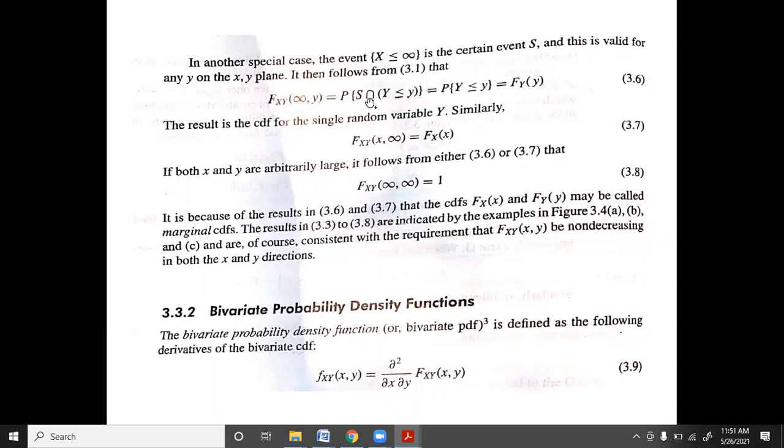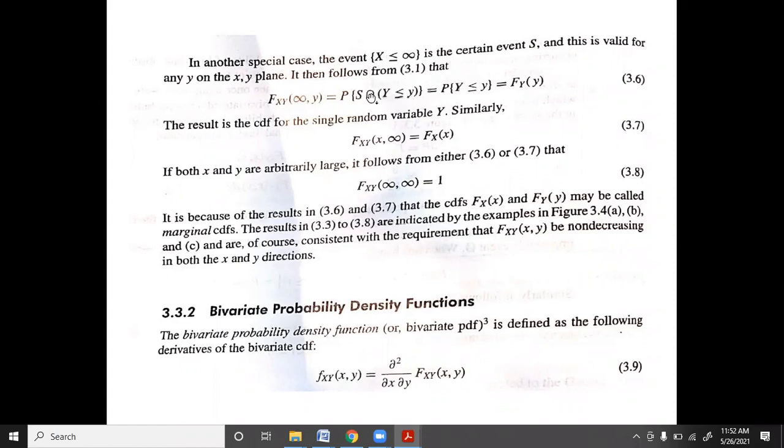Okay, S intersection y less than y will give us the value y less than y, because this is a definite event. Okay, definite event means in sets it will correspond to the whole of the space, and the whole of the space intersection with a small space will give us the small space itself. Okay, this is set terminology.